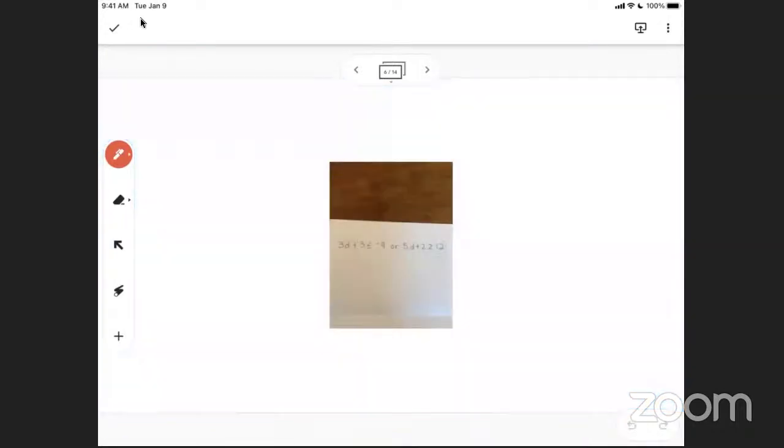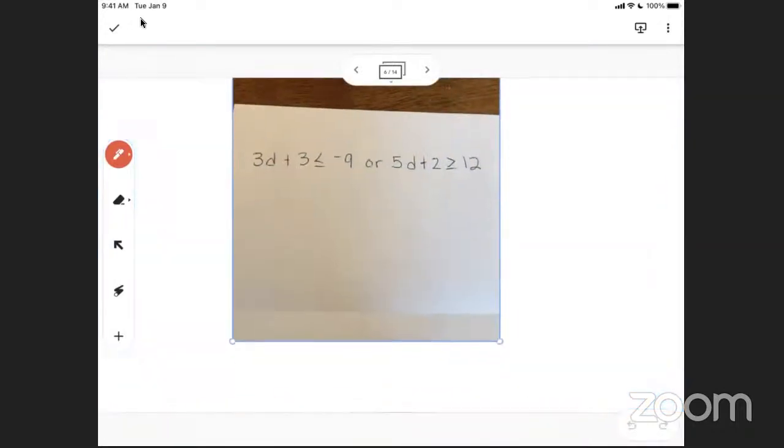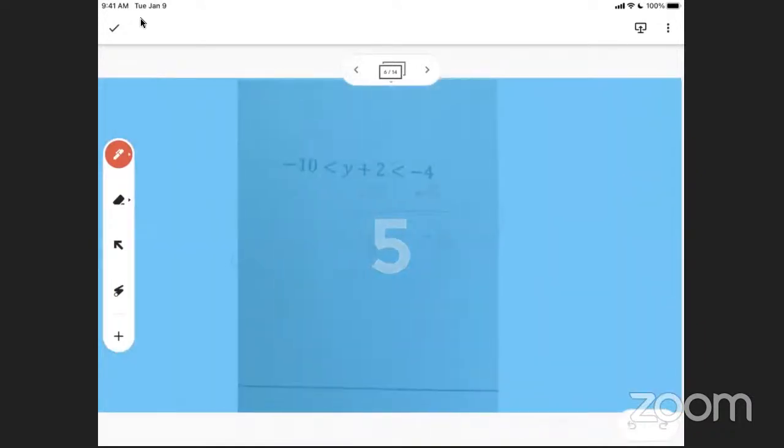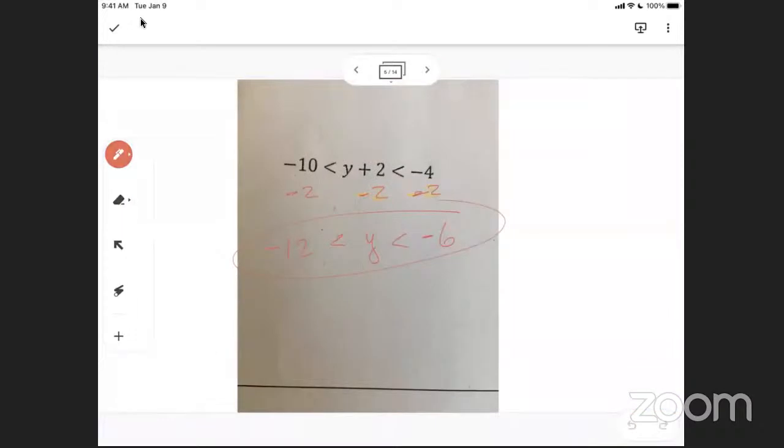Well done. All right, now we've got an or inequality. With an or inequality, by the way, with all of these ones, they didn't ask you to graph them. Did they ask you to graph it? No. Okay.